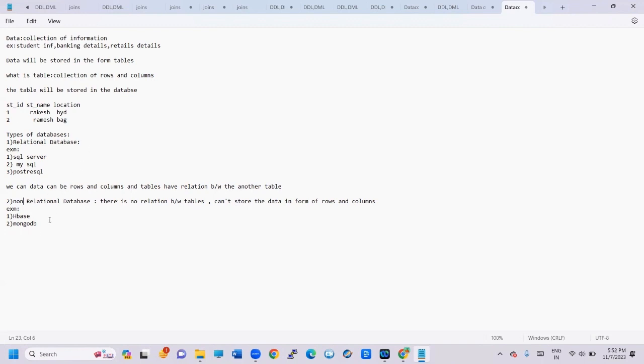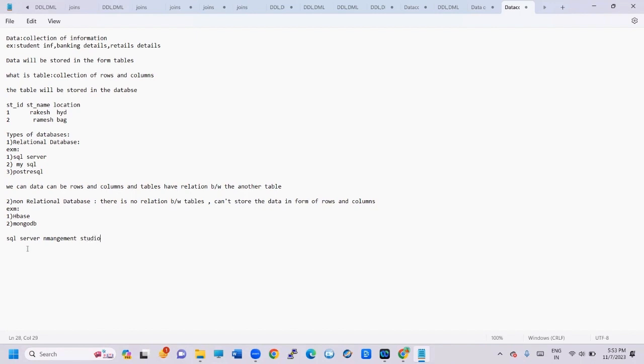We can't interact with non-relational databases using SQL. We can use relational database servers only, that is SQL Server, MySQL. We can interact with these SQL servers only. Mostly we will use SQL Server Management Studio.